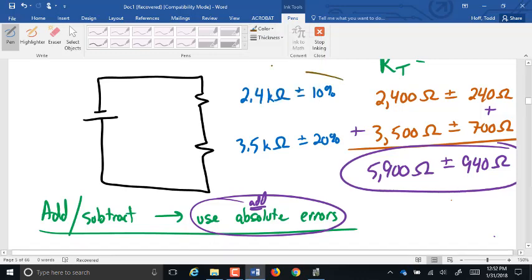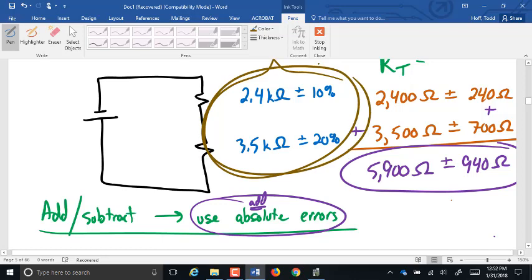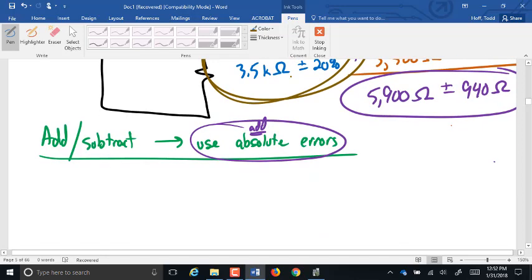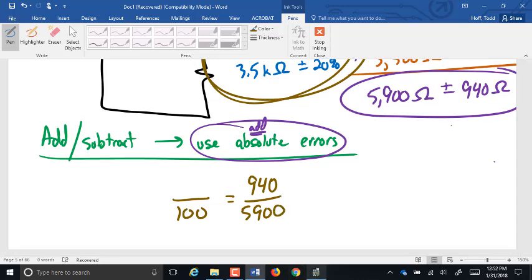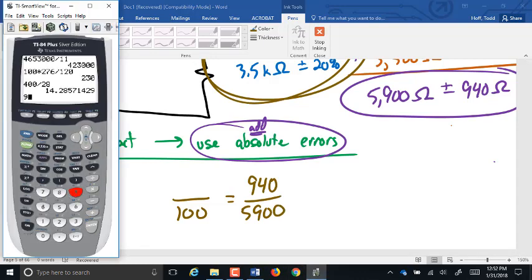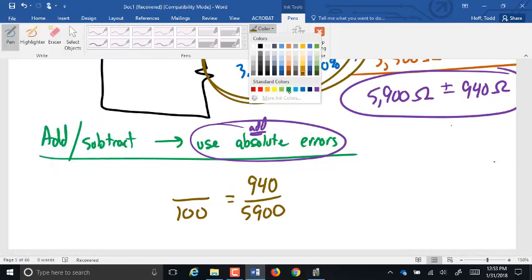Now, this was given as a relative tolerance here, or allowance, so we should convert it back to a relative allowance. So we have to find what percent that 940 is out of 5,900. And we get that it is 15.93.